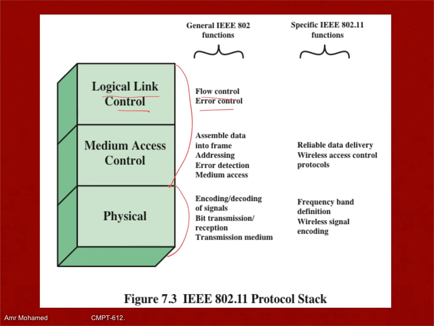So for the MAC layer, when it comes to medium access control and multi-access techniques in particular, for wireless we have to provide some kind of reliable data delivery, wireless access control protocols. If you remember, why do we need these techniques for wireless? For wired, we studied multi-access techniques in network 1, such as carrier sense multiple access with collision detection, right?